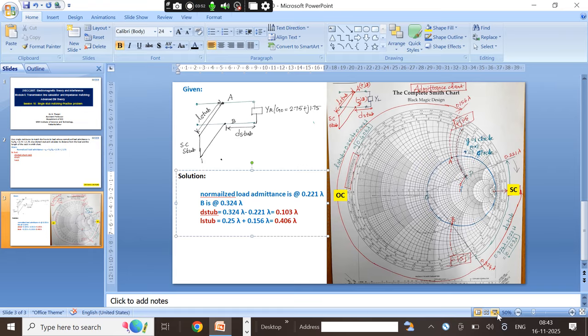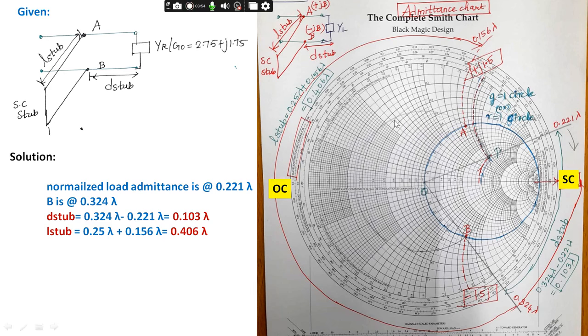Whereas to find the length of the stub, we have to find the opposite susceptance, that is plus j 1.5. If you trace the point A and find what susceptance is available, it is plus j 1.5. That line we have to extend outwards, and at that point, the wavelength we see is 0.156 lambda. So from the short circuit position to the point A is the length of the stub.